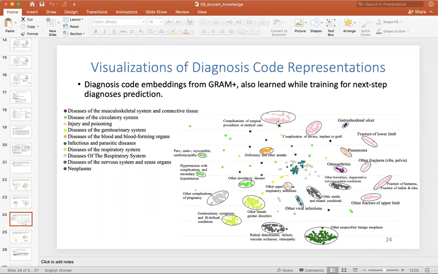The colors are the highest categories. And of course the dots themselves, the circles, are the lowest level, the leaf nodes in the hierarchy. So it's not only that the highest category is preserved, the intermediate categories are also well preserved. This whole diagnosis structure is reflected in this embedding space.